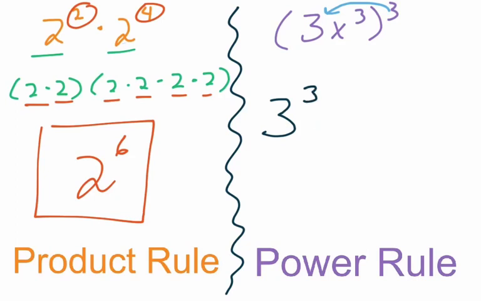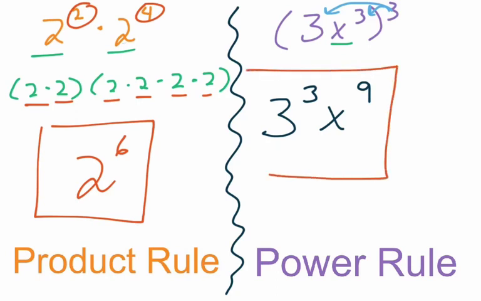So 3 cubed, and then we'll look at the x, and we got to do the 3 times the 3. Remember, you multiply in the power rule. Don't add, multiply in the power rule. So that would get you x, 3 times 3 is 9, and that would be my answer. Applying here rules of exponents, product rule, and power rule.